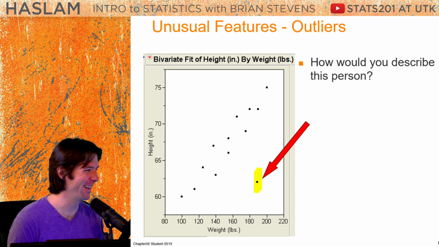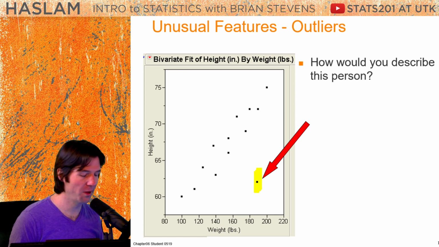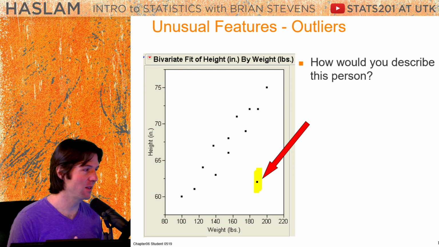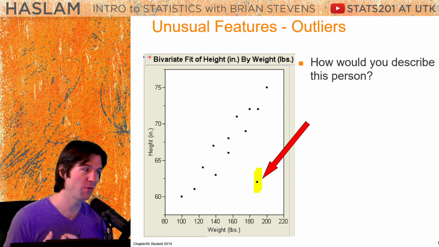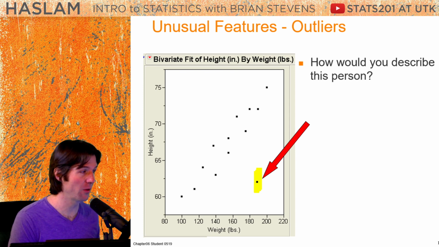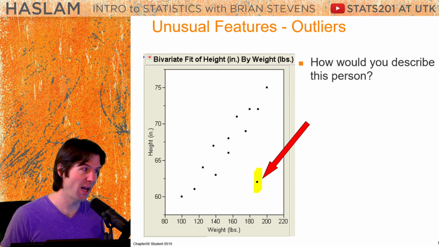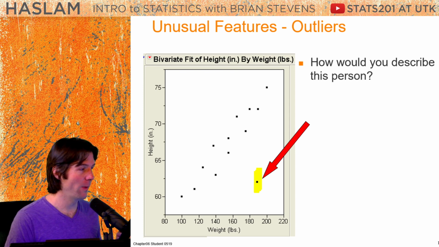When we talk about something unusual, outliers are things that are unusual. So think about this. I would say it's unusual for somebody to make a 40 on the test who has 100 on the quizzes. It doesn't mean it doesn't happen, but making a 40 on the test and having 100 on the quizzes is unusual. You scored lower than I would have expected.